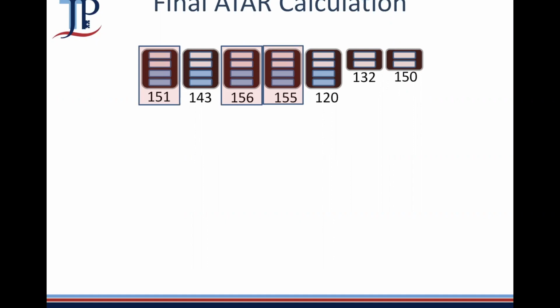Some of you will have 4 majors and 2 minors. The absolute minimum you can have and still get an ATAR is 3 majors and 3 minors. The problem with going through with 3 majors and 3 minors is 3 majors count. You've got no backup, you've got no protection. If you've got 4 or 5 majors, the 3 best ones are going to count.